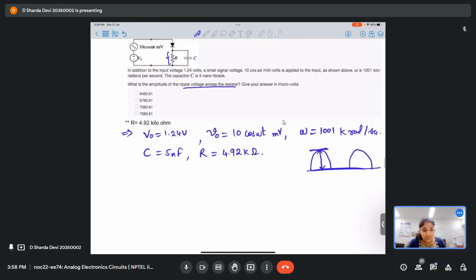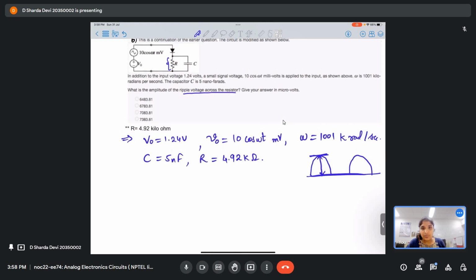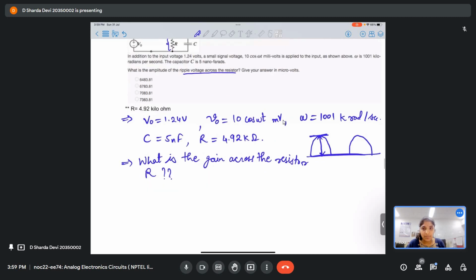Alright, so for this, we'll find out what the gain is across this resistor R. For this, we'll basically find the transfer function, then the gain.